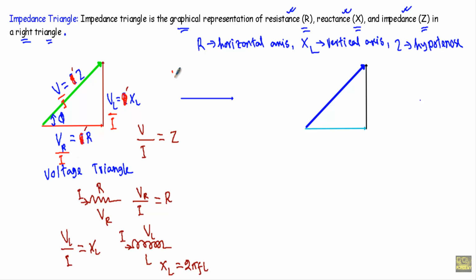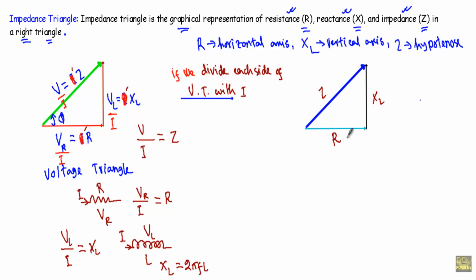So I can say that if we divide each side of the voltage triangle with common current I, that will give us our impedance triangle. VR by I will give us resistance in this direction, VL by I in this direction will give us XL, and V by I in this direction will give us impedance.